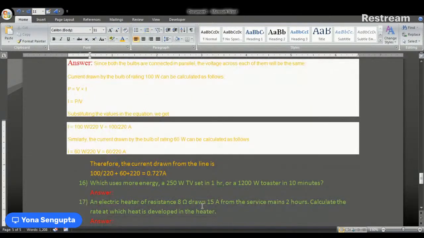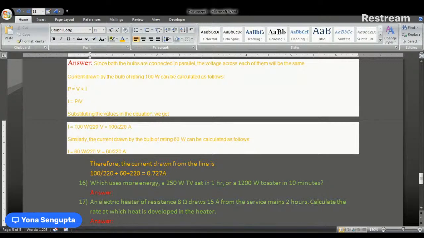Next we have number 16. Which uses more energy? A 250 watt TV set in 1 hour, or a 1200 watt toaster in 10 minutes? What we will do is first calculate it.